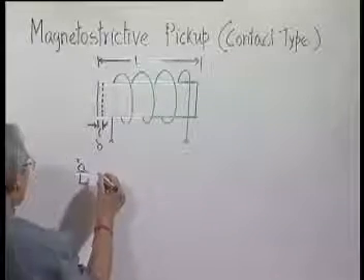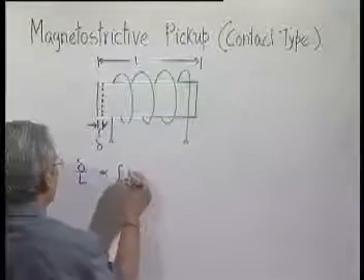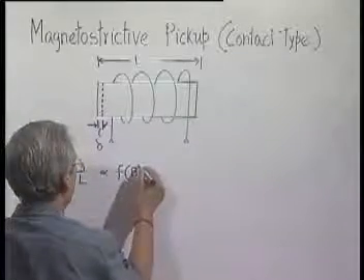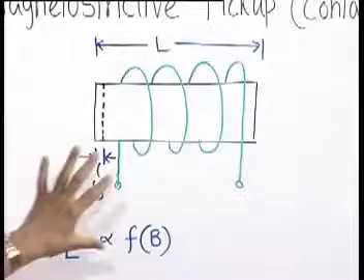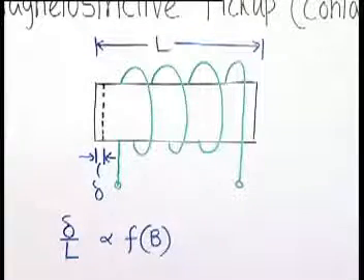as a function of the magnetic field, this is a property of material. Most ferromagnetic materials indicate a certain degree of magnetostriction.